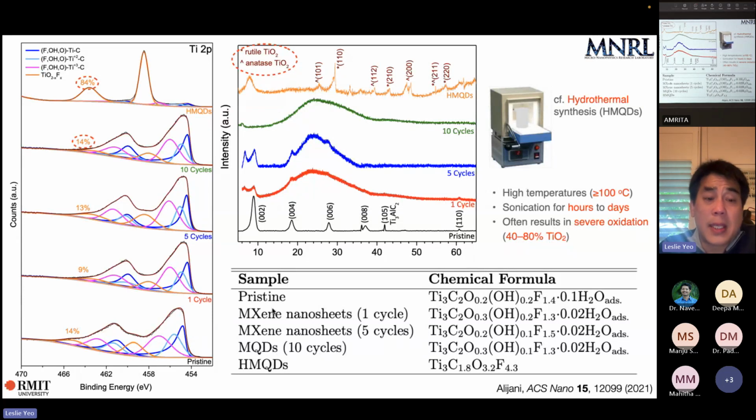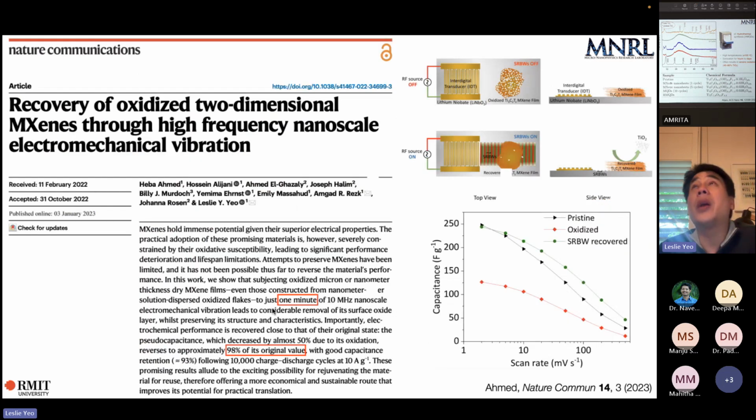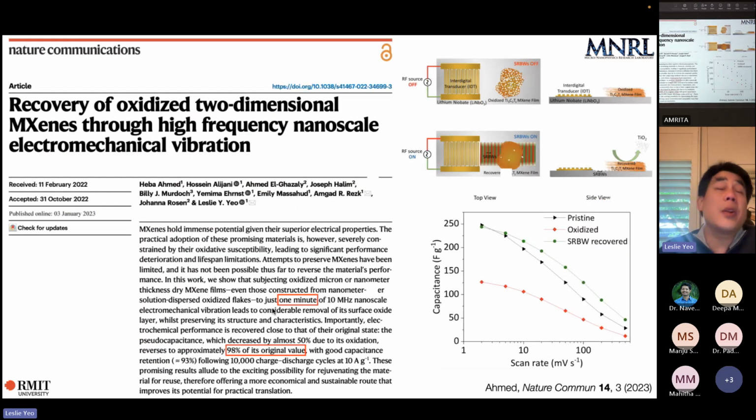I don't know why as yet, but one hint: if we put oxidized MXenes onto the device, this is not nebulization, we're just putting them there under gentle vibration, and only for a minute, we can actually restore oxidized MXenes, right?